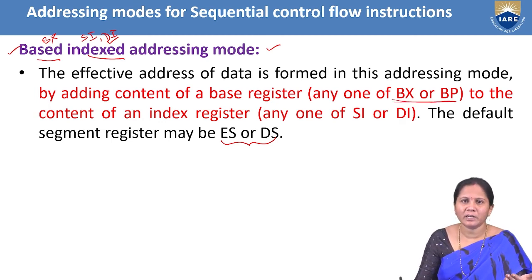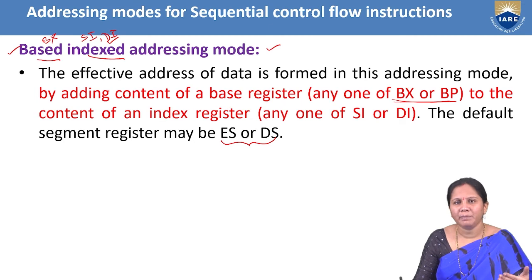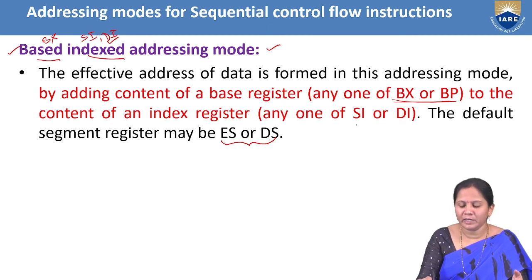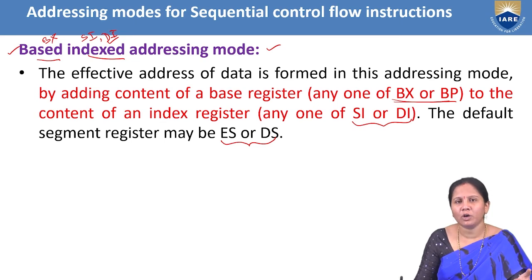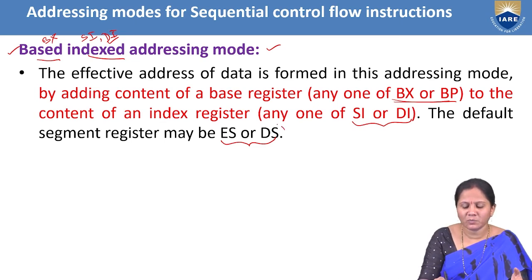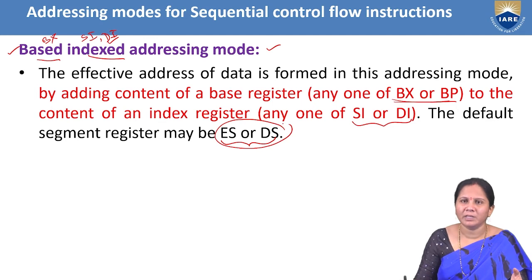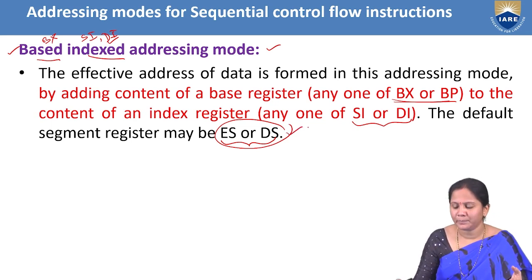BX is the base register and BP is called base pointer, and any of the index registers like SI or DI. These give us the offset address, and the segment address will be calculated from the segment register. So in this based index addressing mode, the segment register we have to use is either ES or DS.